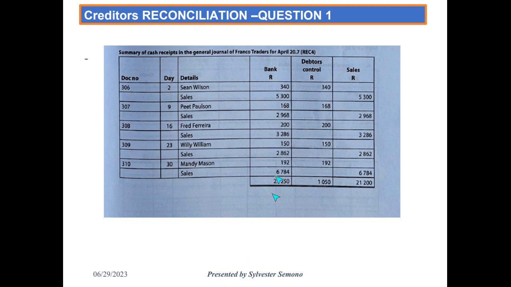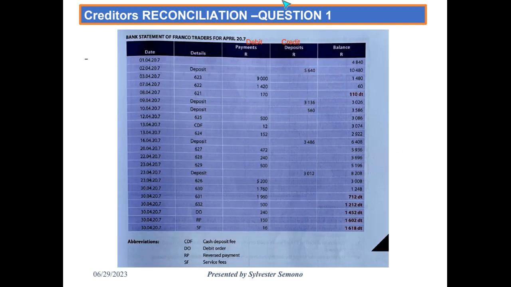We recorded it. In other words, this total includes that amount. And then they say it was reversed. Let's check whether we have got it on the bank statement. It's not there.